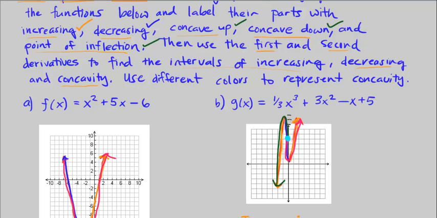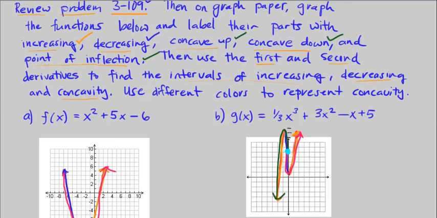So now let's look at the first and second derivative, right? It says right here, look at the first and second derivative to find the intervals of increasing, decreasing, concave up and down, and so on. So let me use this color. What is f prime of x?